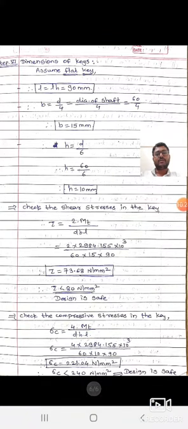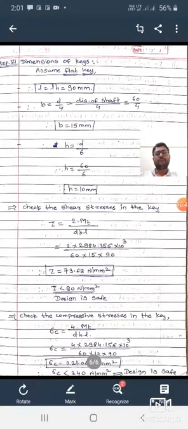Check the shear stresses in the key, that is we know that tau equal to shear stress 2 Mt upon d b l. So just put here the values of Mt, d, b, l, and you get shear stress tau as 73.68 Newton per mm square, and this 73.68 is less than 80 Newton per mm square, that is for shaft, means design is safe.